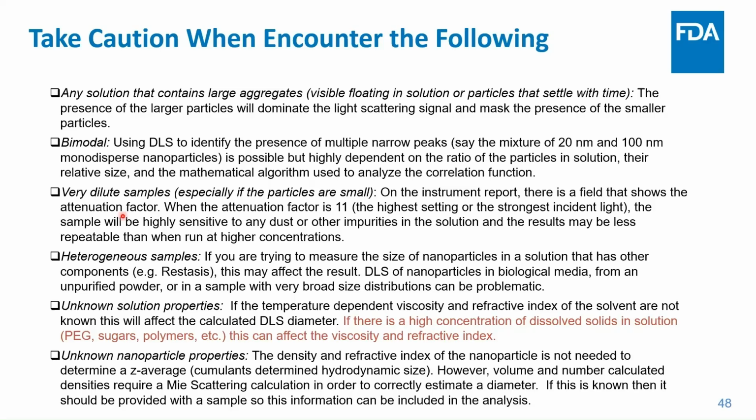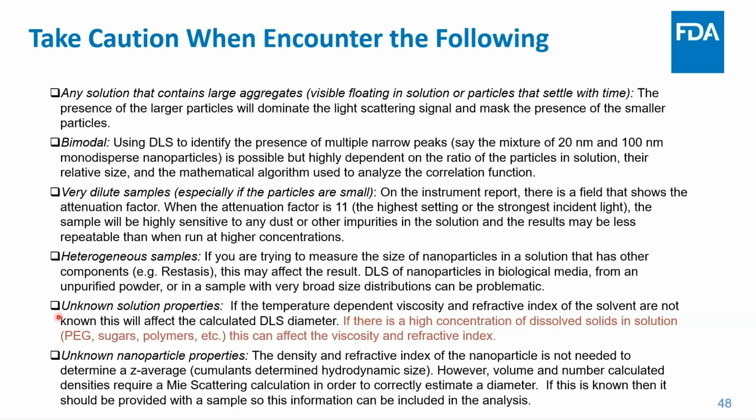You can look at the attenuation factor when you're looking at very dilute samples, but it's going to be very sensitive to any small contamination because you're letting all the laser power through. Of course, then there's other things like heterogeneous samples, which goes back to the same question of the aggregates.